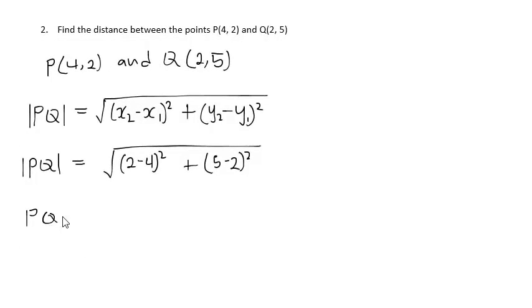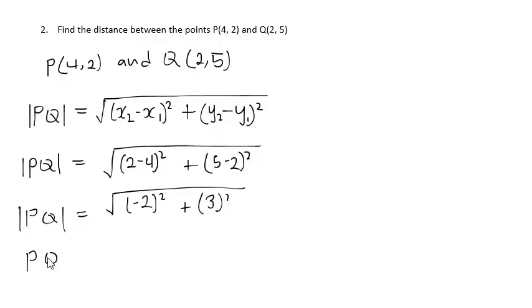So I have my distance PQ: 2 minus 4 is negative 2 squared, plus 5 minus 2 is 3 squared.